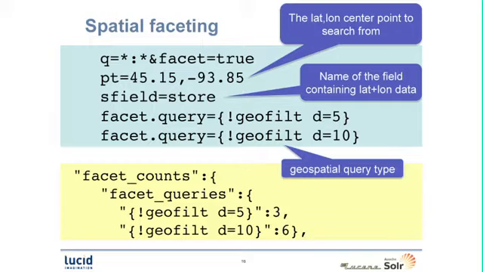So for facet.query, you can do some cool things like spatial faceting. We have spatial search in Solr now. And so hopefully you've seen the local param syntax, the curly brace bang, geofilt. geofilt is our geospatial query, normally used as a filter query.